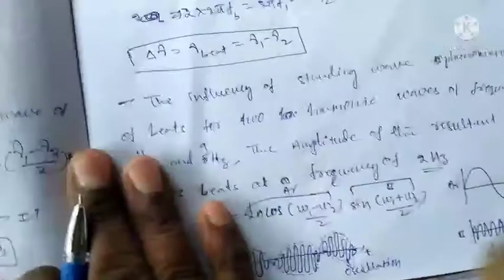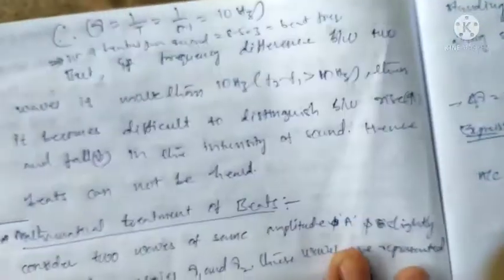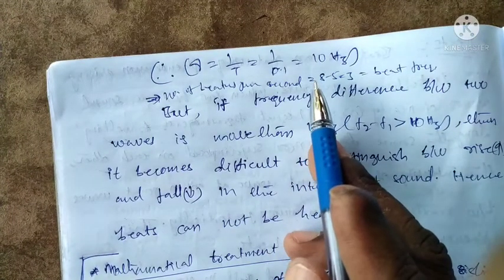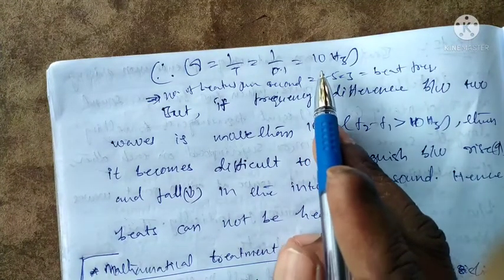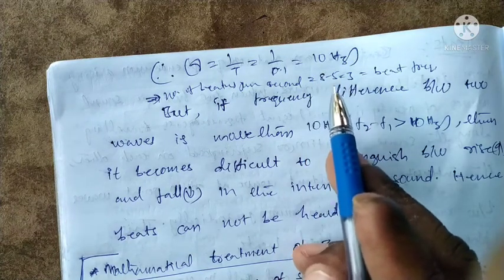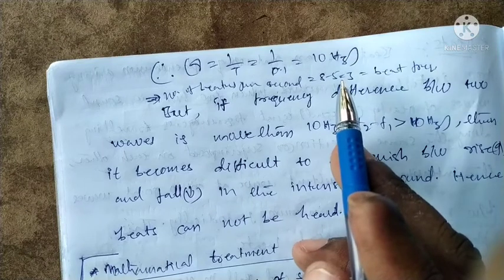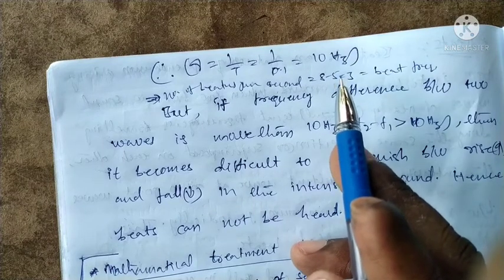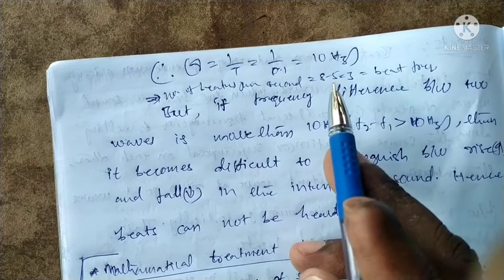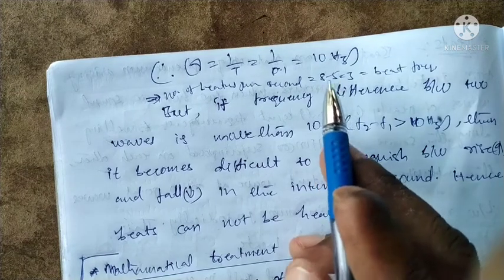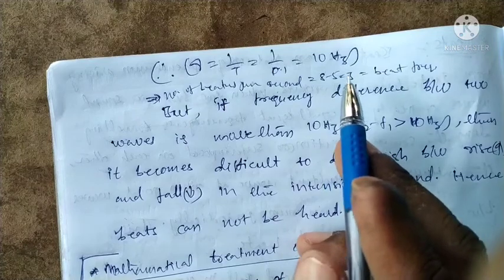If it is below 10, you can easily identify the beats, which produce different sounds that are comfortable to listen to, a number of musical sounds.